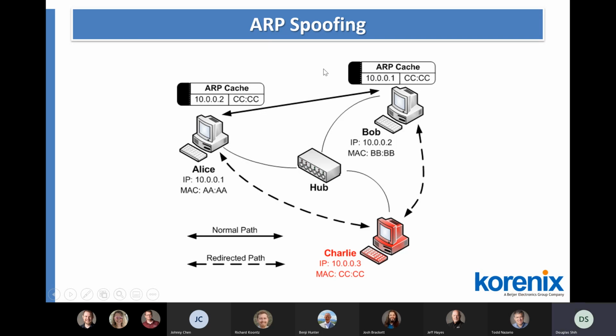And if someone wants to do ARP spoofing, they will flash the ARP cache so that the destination IP address is still the same, but the MAC address is replaced with client C's. So you can see the ARP cache.